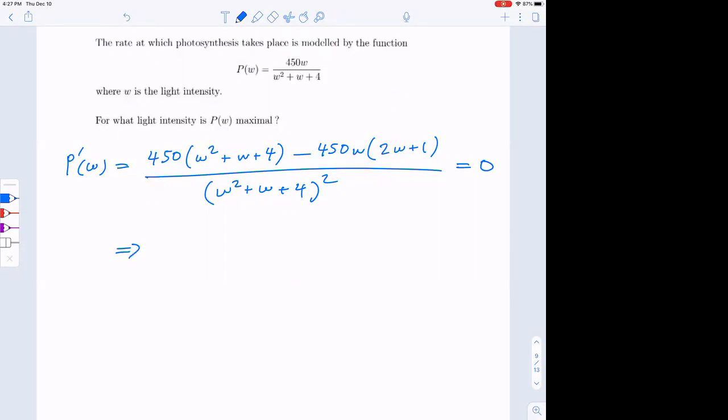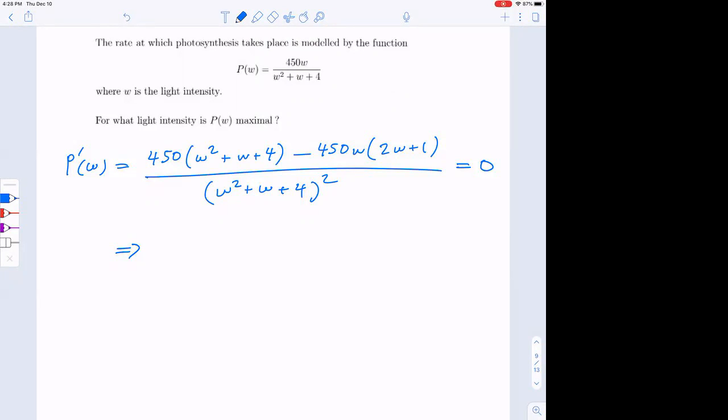Okay, so if we set it equal to 0, we can just multiply both sides by the denominator, and there are no worries there. We don't have any zeros in the denominator to worry about, so we can multiply across both sides and focus in on the numerator as the only thing that can make this equation equal 0.